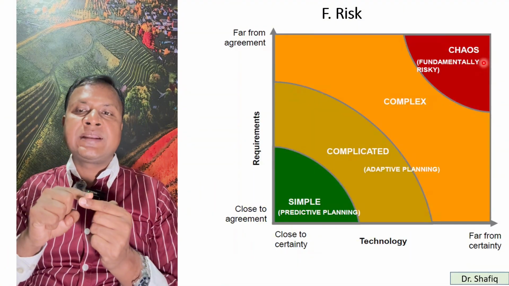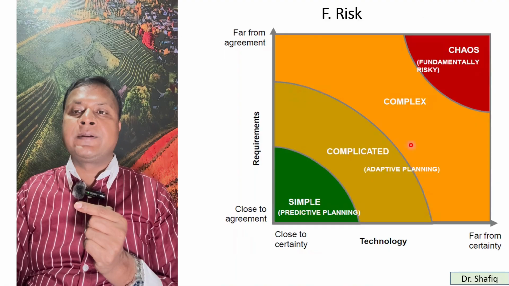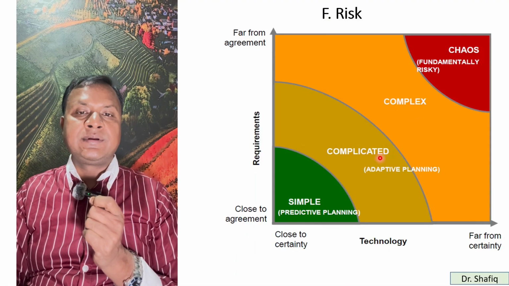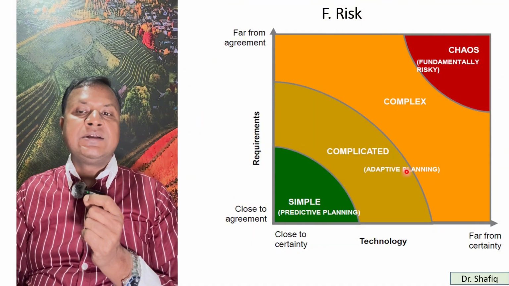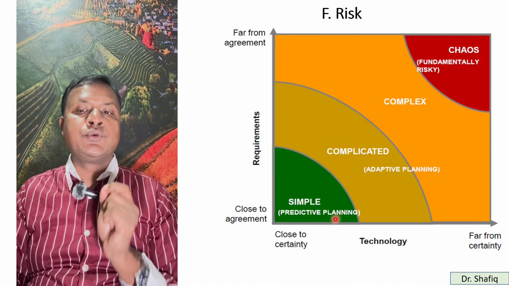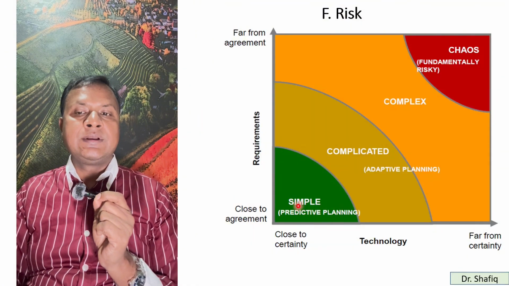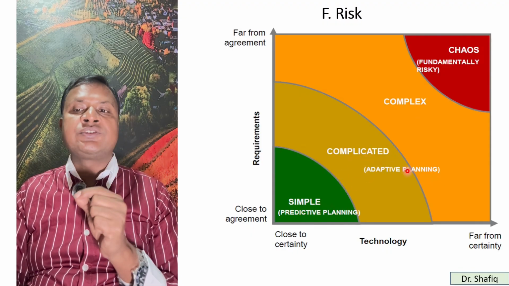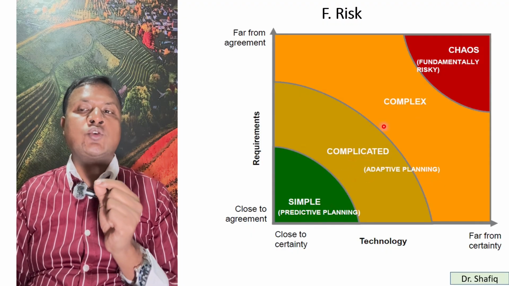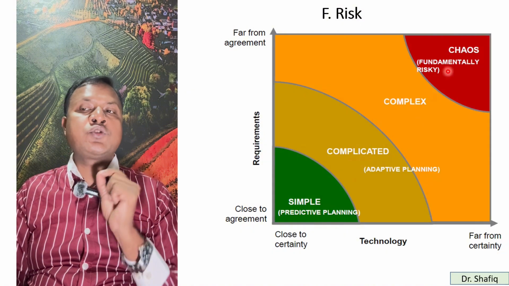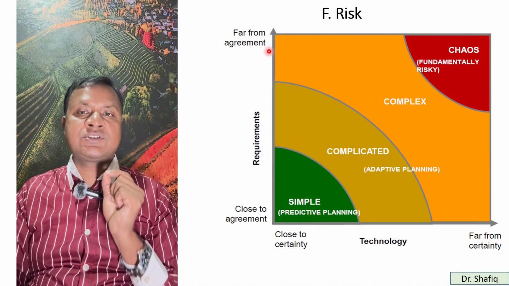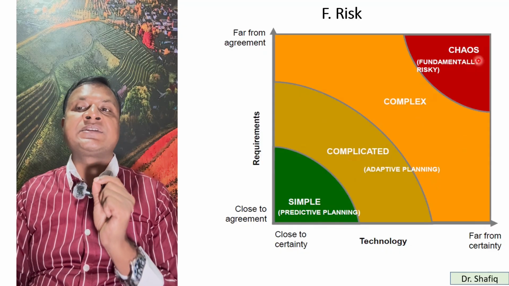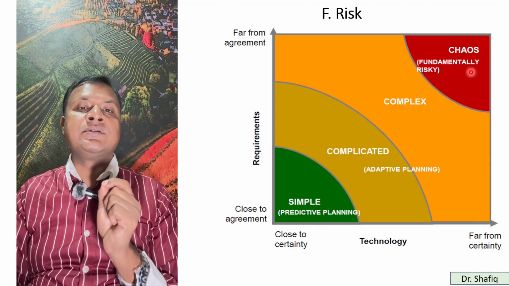Even if it is complicated or complex, you see the figure, you can adapt it. So that's adaptive planning. If it is simple, predictive, you know everything before. And if you have to change again and again, it's adaptive planning, complicated or complex. But if it is too much risky, too far from agreement, too far from certainty, that means it's chaos, fundamentally risky. You should avoid it.